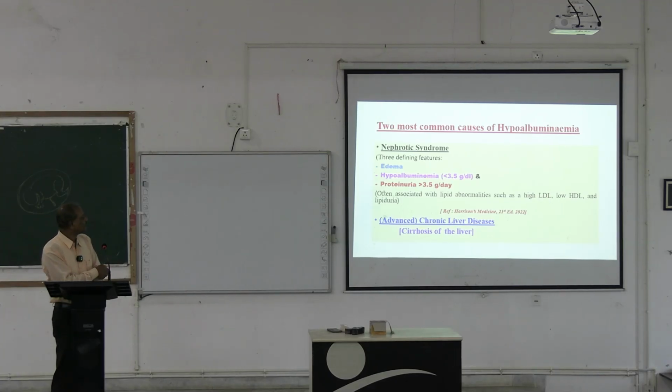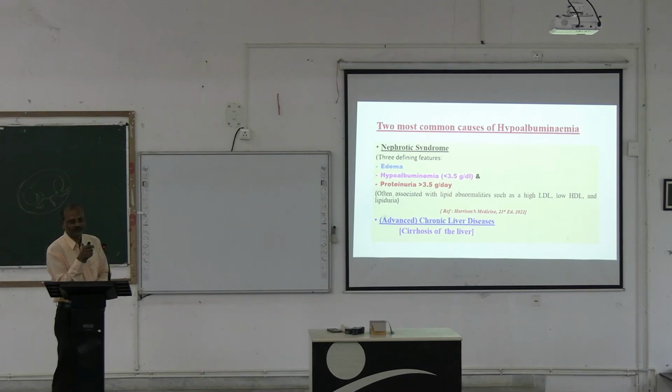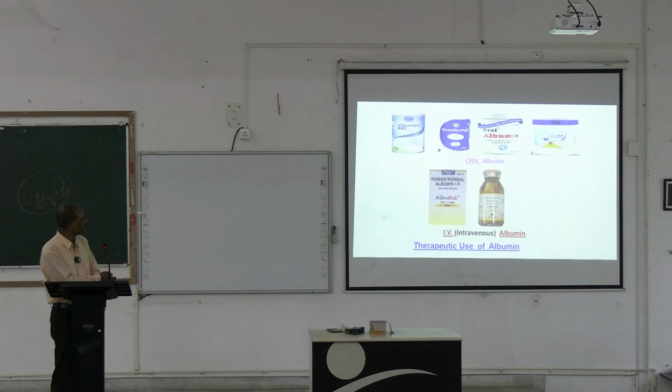So, for nephrotic syndrome, the liver is not affected. The liver can be stimulated to produce albumin by giving an adequate amount of amino acids, so that it can produce protein, but not in chronic liver disease.